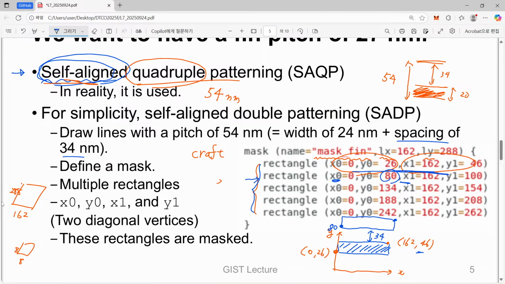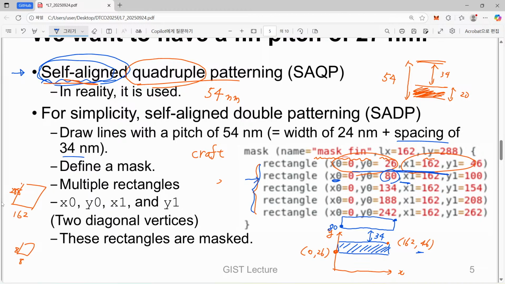So please try to type this argument into your own input command file, and please try to learn it. Then, of course, as I told you before, defining a mask does not change your final structure, but together with this mask and etching or deposition, you will have a different result.